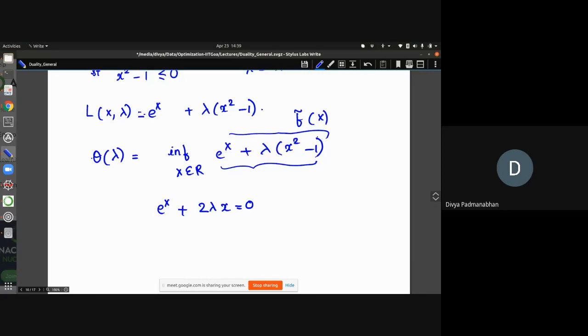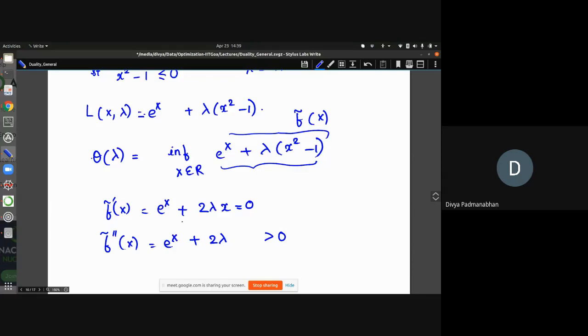So the gradient of f tilde is e^x plus 2 lambda x, and in minimizing it, you're trying to find the x with gradient equal to 0. Further, if you take the second derivative, you again get e^x plus 2 lambda.